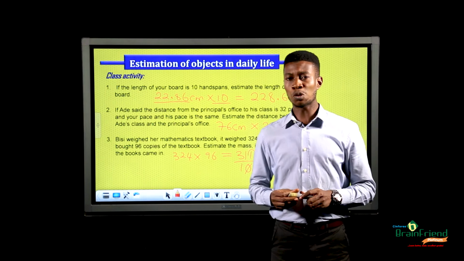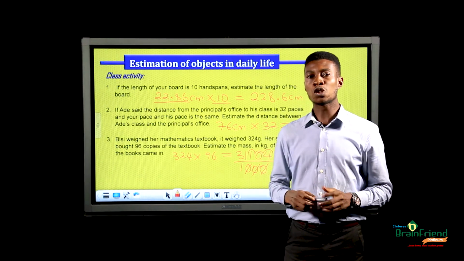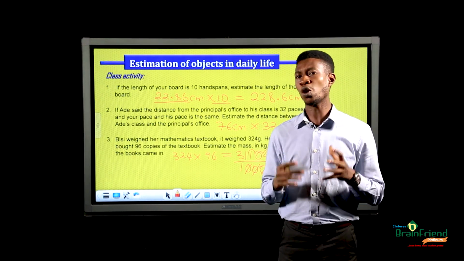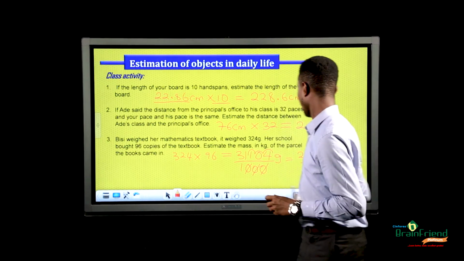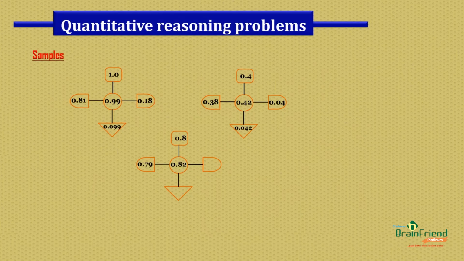Now, having learnt this much, let's consider some quantitative reasoning problems on estimation. If you observe this sample very carefully, you realize that the number in the middle is a sum of what we have on the left and what we have on the right. Having known this, we make reference to this number.